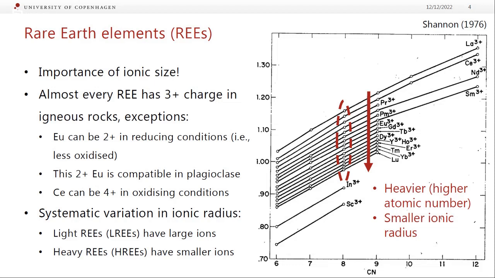Often we'll be dealing with coordination number 8, and lanthanum's about 1.1, lutetium's about 0.9-something. Yeah? Was the y-axis the size, or would you say ion size? Yeah, ionic radius, so radius, that's the size basically.